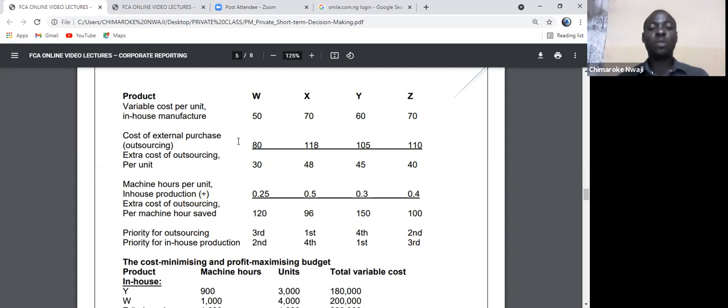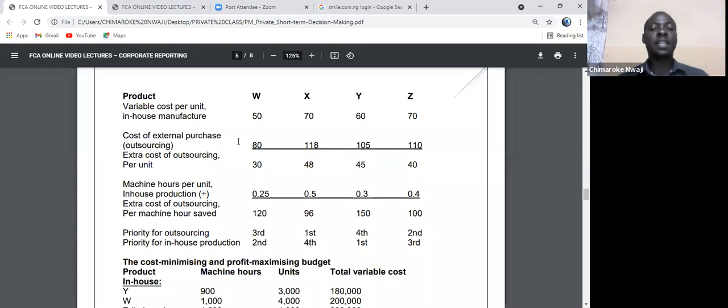For W it is 30 naira, for X it is 48 naira, for Y it is 45 naira, and for Z it is 40 naira. Now that you know the extra cost you are spending, bring the hours required for doing those jobs. The number of hours to do the jobs is the number of hours you are going to save if you don't do the job.